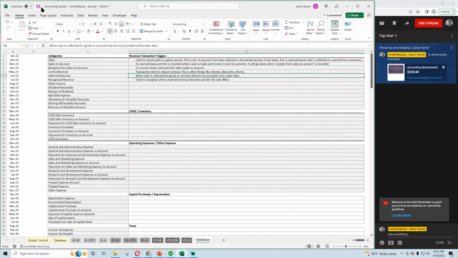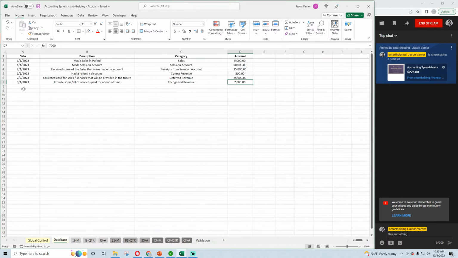Okay, next up, other income. So other income, let's say in January, we had received income that is not part of normal operations. Now this could be like an insurance claim, this could be dividend income, whatever, and it's not on account. So it's just saying you received some income from something.